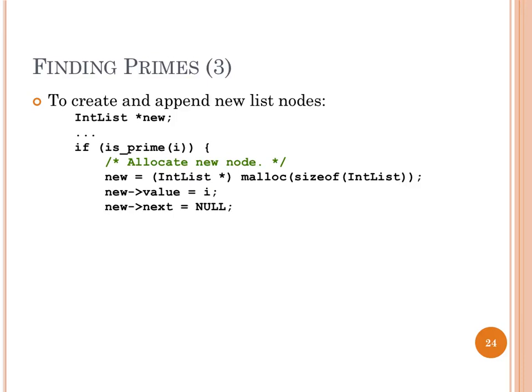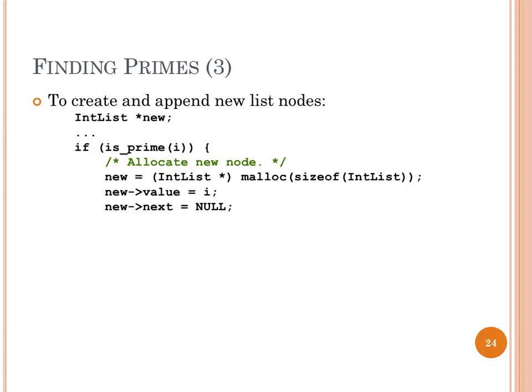It makes code a little bit less intuitive to write. But anyway, you say new equals, and then you malloc. And notice again, we're just saying, hey, malloc, I need this many bytes. And malloc says, sure, here's an untyped pointer. And then we just cast it to int list star. So now I can work with it as if it were a pointer to an int list. And I say, here's the value. It's prime. And new arrow next is null.